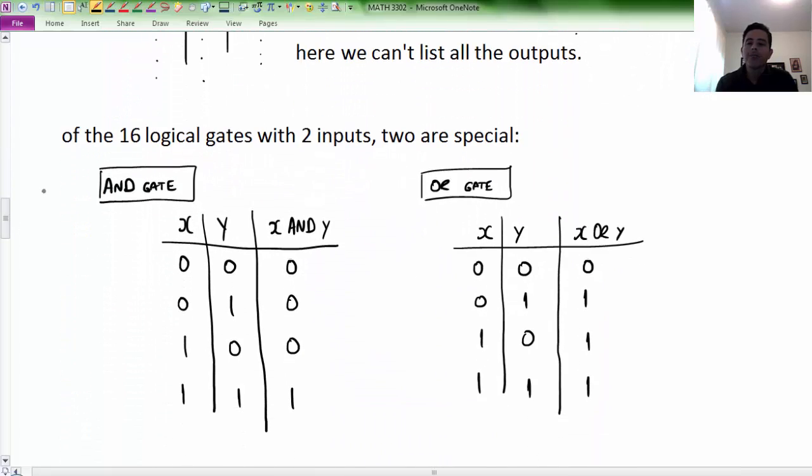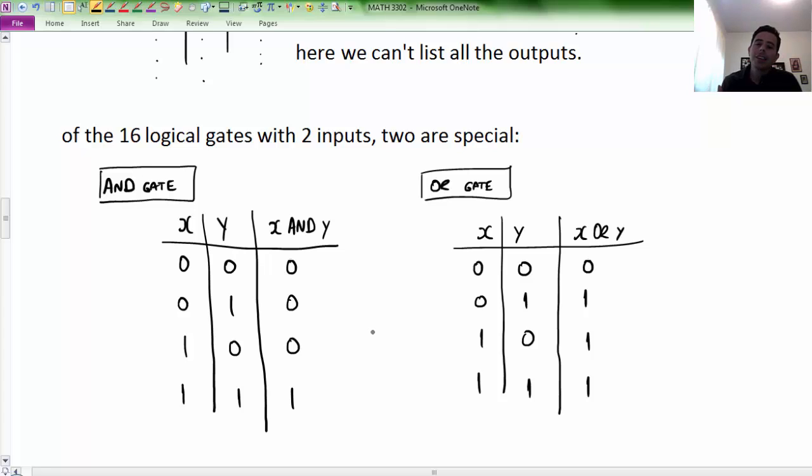Now, because the number of elements in the domain is finite, we have 16 possible logical gates with 2 inputs, right? So here are the 2 inputs, and again, each input can only be 0 or 1, so the total number of possibilities here is 4. And for each of those 4, you can either have 0 or 1 as your output.